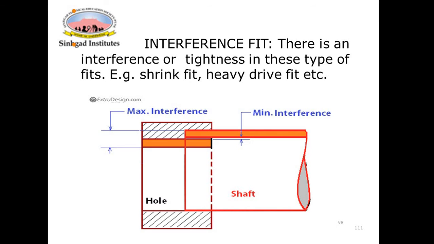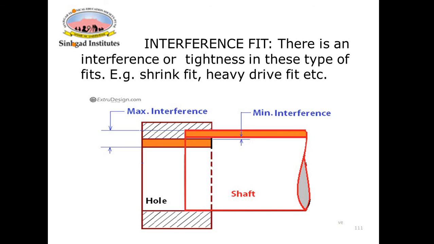Similarly, the distance between this line and this line is the maximum size of the hole. Coming to the shaft now, this portion on the right side, the distance between this line and this line is the minimum size of the shaft. Similarly, the distance between this line and this line is the maximum size of the shaft.